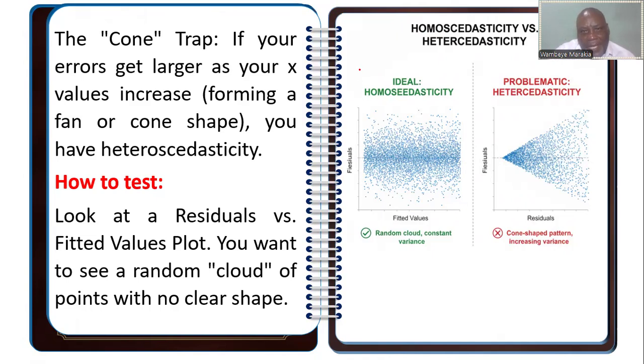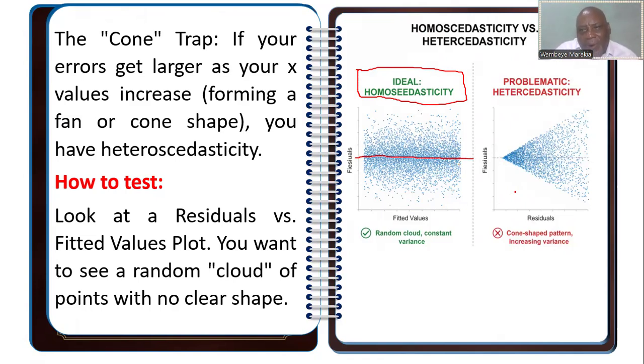This part, the ideal, the one I'm circling. Ideal homoscedasticity, whereby we have a cloud, we have all the points distributed. And if you have to draw a straight line among these points, like the one I've done there, it is drawn properly.